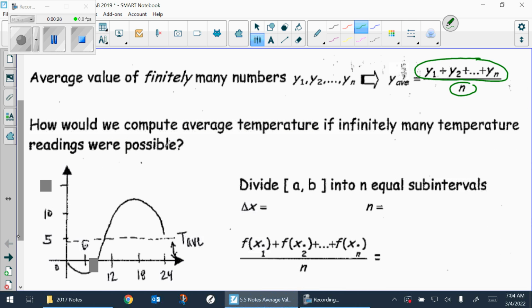So if we want to find the average temperature for a certain day, what would we do to compute it? Well, I'd probably add the 24 hourly temperatures and then divide by 24.